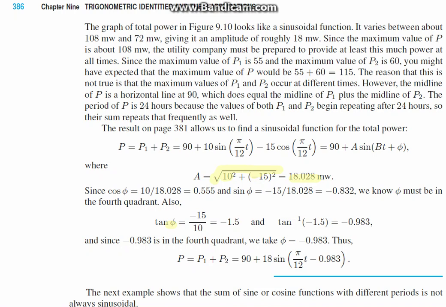Now, to consider whether this is going to be plus or minus, we're going to take a look at cosine phi and sine phi, which they've done here. For cosine phi, it's basically doing the coefficient, I'm going to write coefficient as CF, coefficient of sine. Oh, my bad, that's not the coefficient.